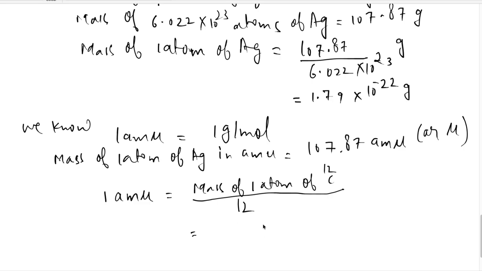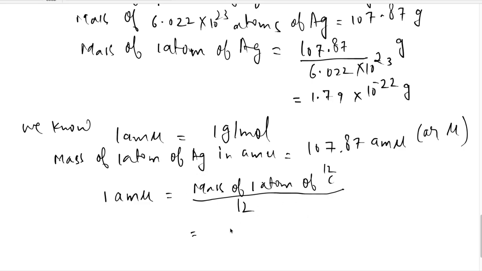If you don't want to remember anything, for this you just need to remember one thing: the mass of one atom of carbon 12 is given as 12 AMU. If you don't remember the other formulas, you can just remember this, and with the help of this you can easily calculate it.